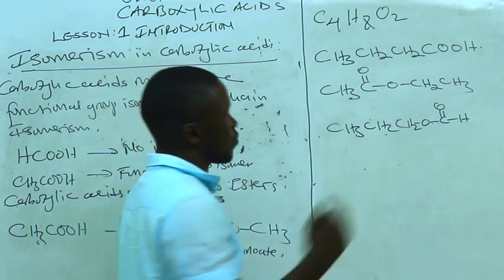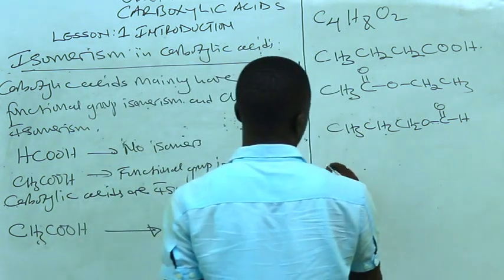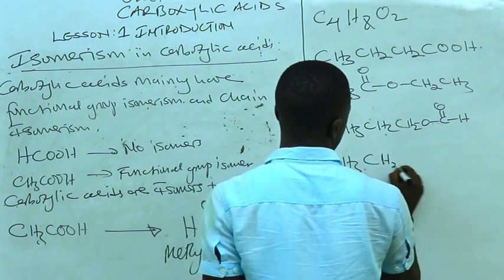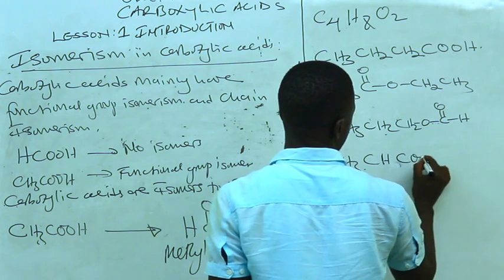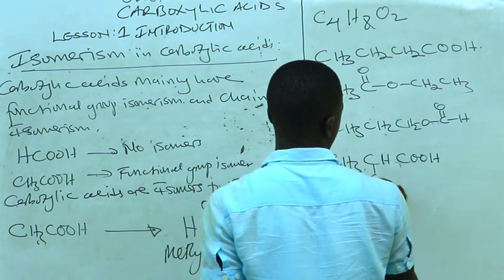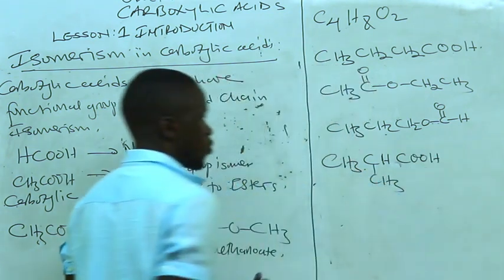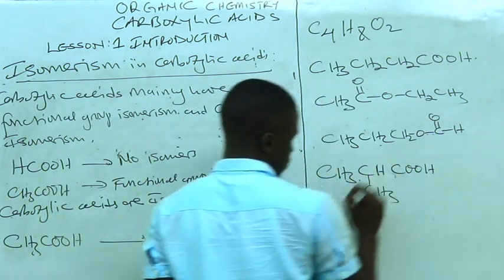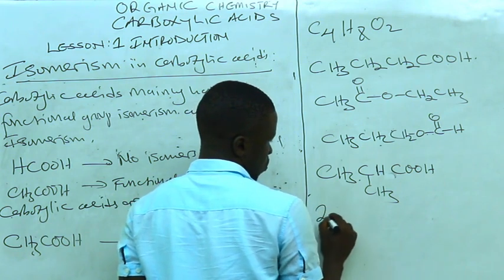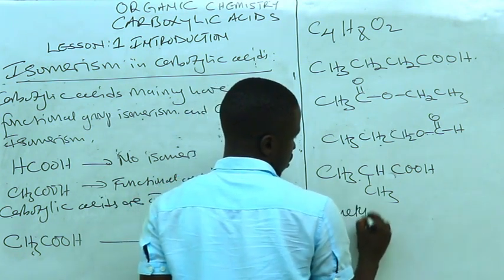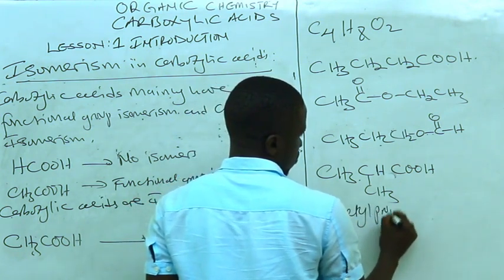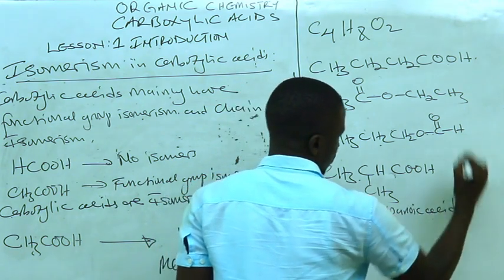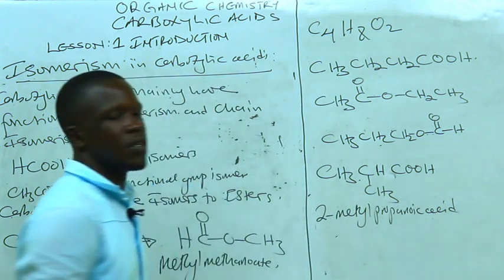But we can have a chain isomer. Reduce the number of carbon atoms in the continuous chain and create a branch like that one. This one is a branched isomer, and this one is 2-methylpropanoic acid.